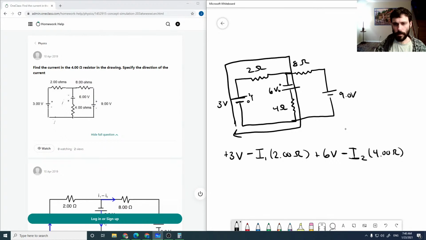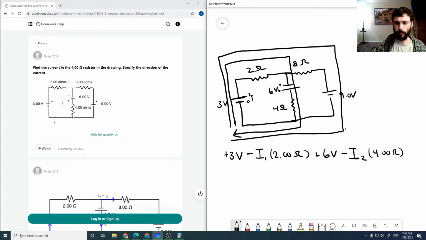So now for our second loop, I'm going to draw this one. For our second loop, we've got 3 volts minus our I1 times our 2 ohms.